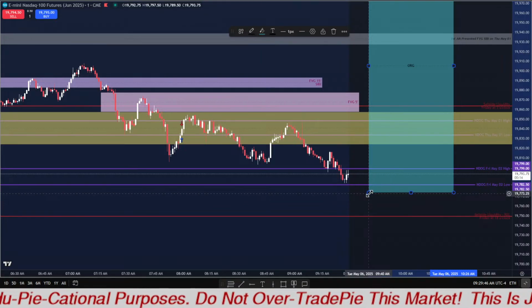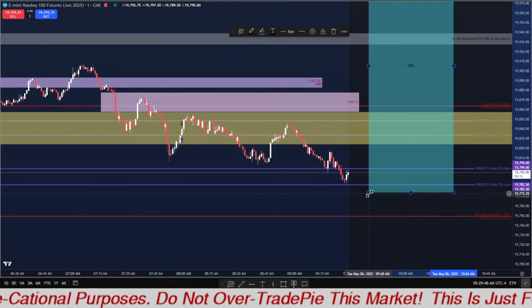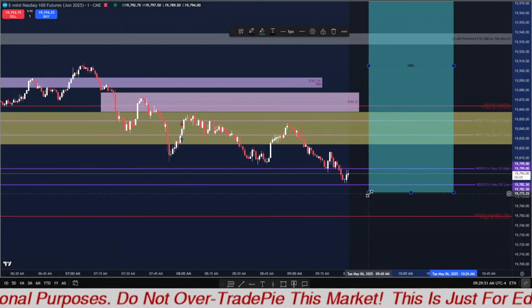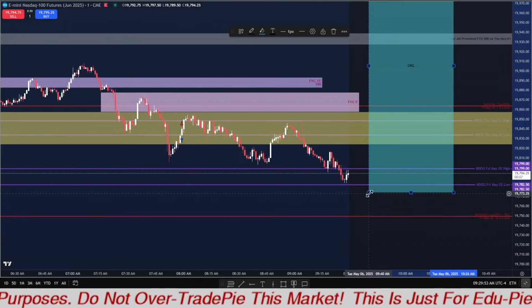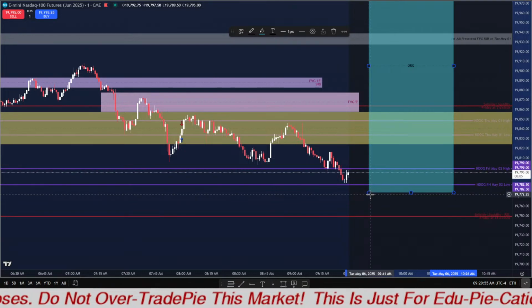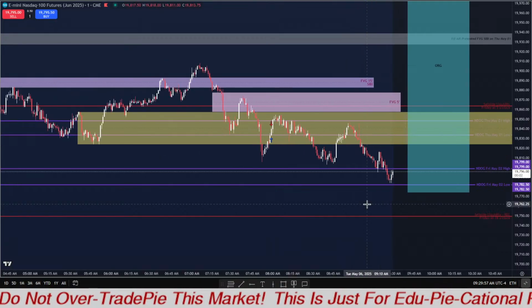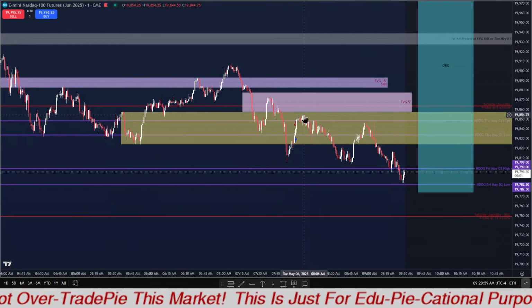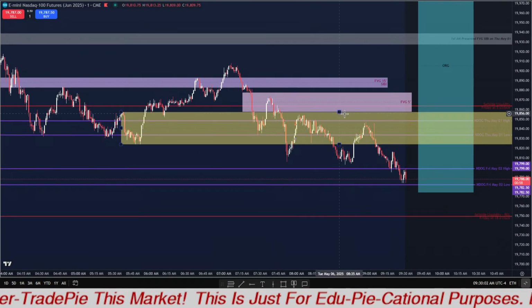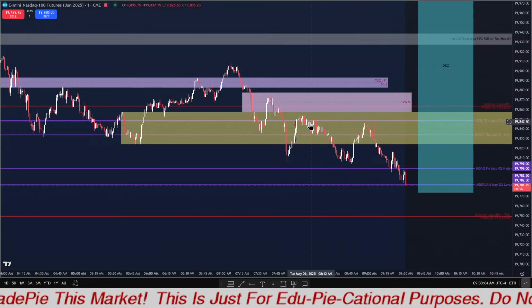We have around 240 handles of opening range gap for today. Still 7 seconds. And let's see. This minor buy side liquidity over here is quite interesting.